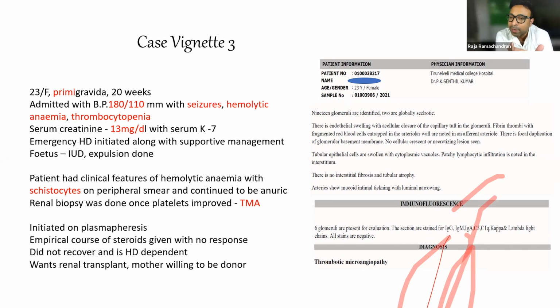So you do an MLPA, and in the MLPA you will find that CFHR1-3 are deleted. The best thing with the factor H antibody is that they respond very well to plasma exchange. Once you get the antibody levels below the target level, which could be less than 1,000 by what testing people do, you can proceed with transplant. So that is something.